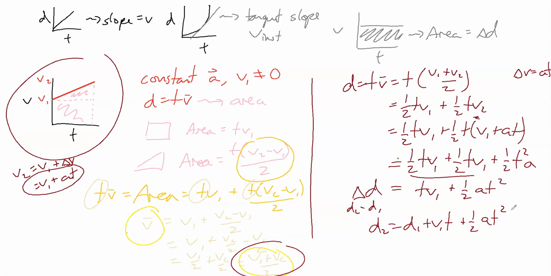The great part about it is that often these terms are equal to 0. For example, if you're at the origin, D1 is equal to 0. If you're starting at rest, V1 is equal to 0, and both these terms can disappear. If you have no acceleration, then this entire term is equal to 0, and all you're left with is basic DTV.